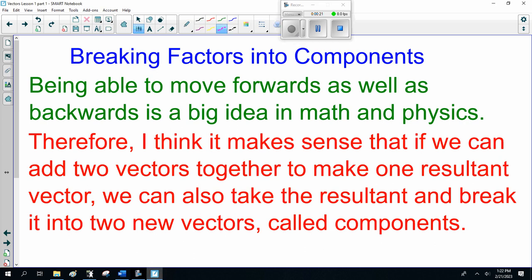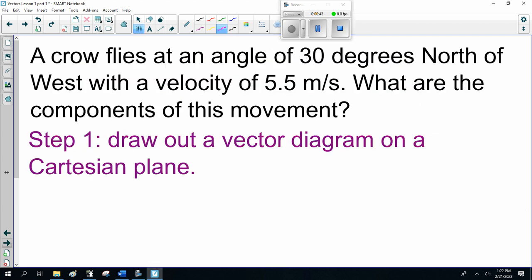So I think it makes sense that if we can add two vectors together to make one resultant vector, we can also take the resultant and break it into two new vectors called components, or work backwards. So, a crow flies at an angle 30 degrees north of west with a velocity of 5.5 meters per second. What are the components of this movement?